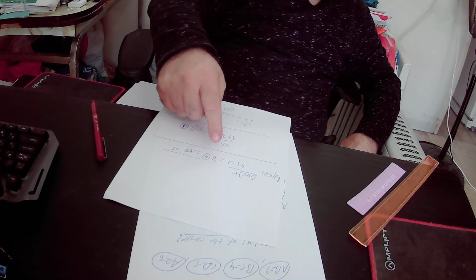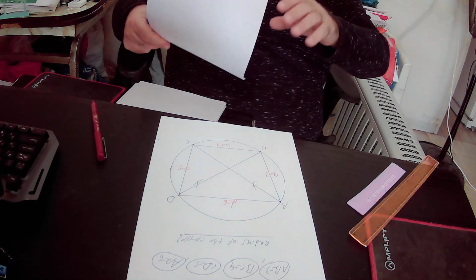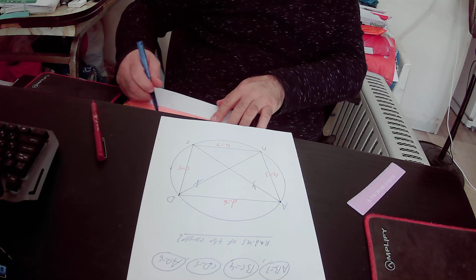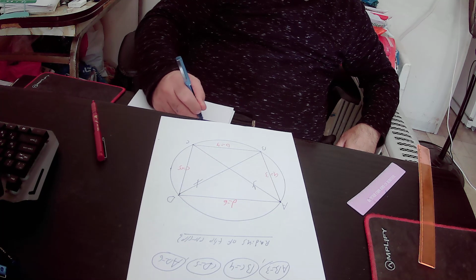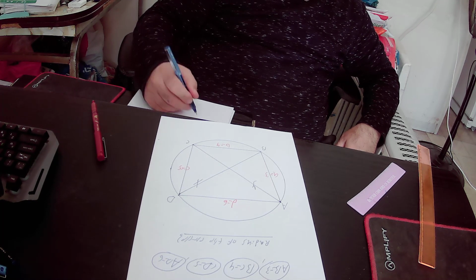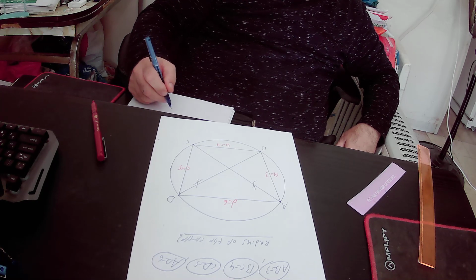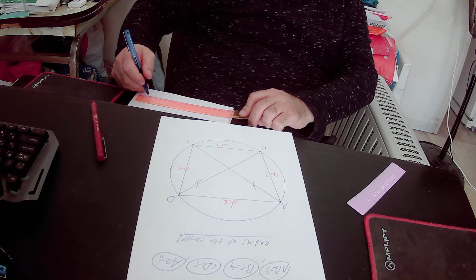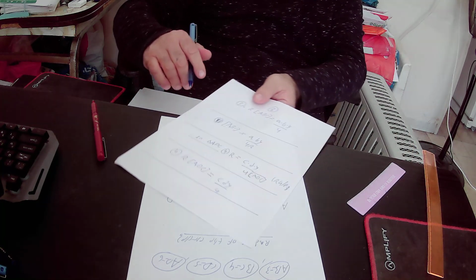Here we will multiply equation number 4 by the area of triangle ADC, and we will get this equation.